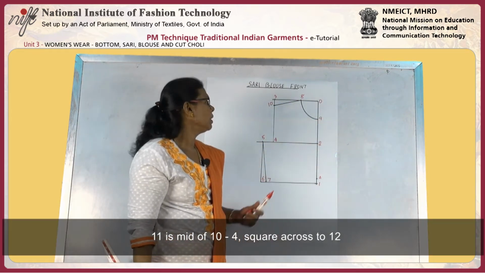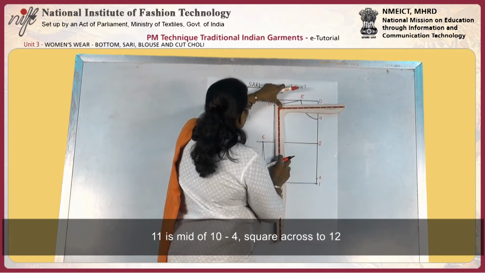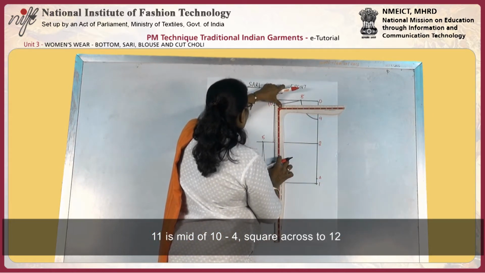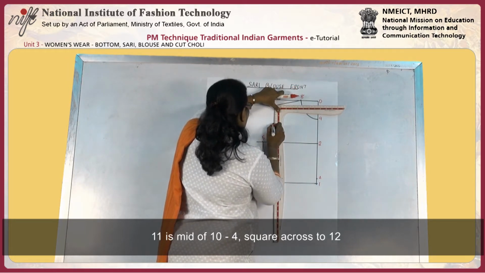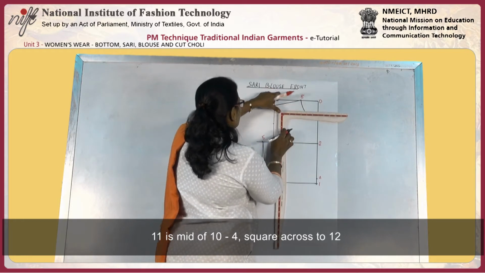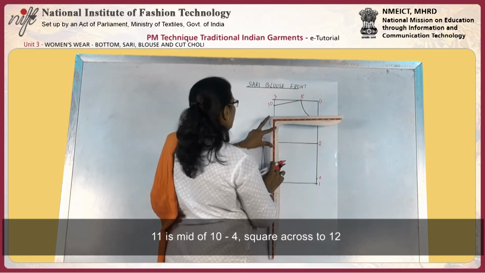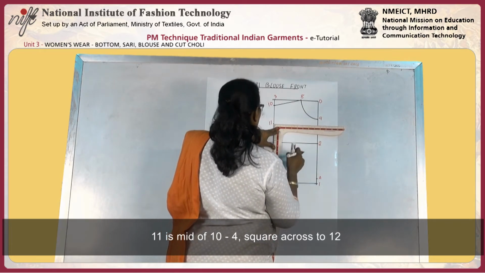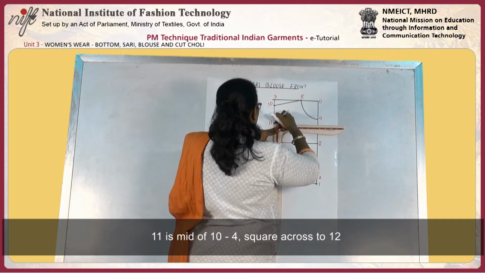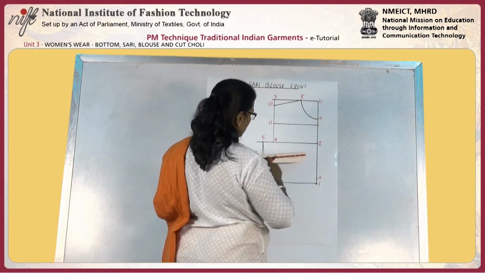Eleven is mid of 10 to 4, measure 10 to 4, it is 6 3/4 and 3 3/8 is 11, and draw line from 11 and square to center front, it is 12.